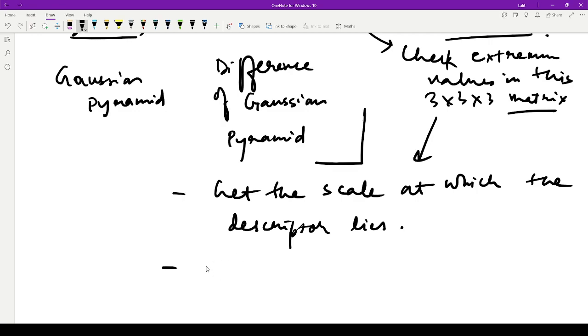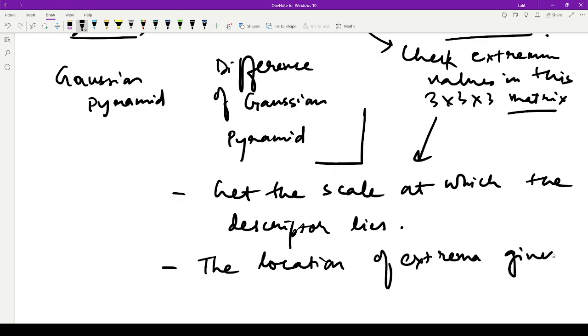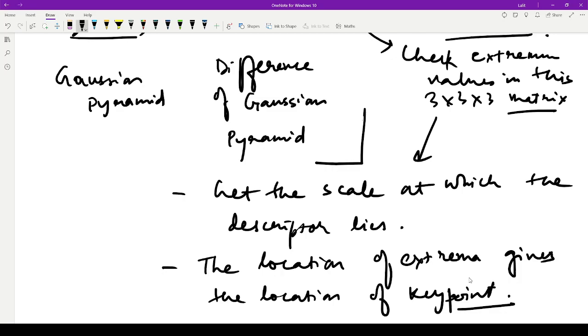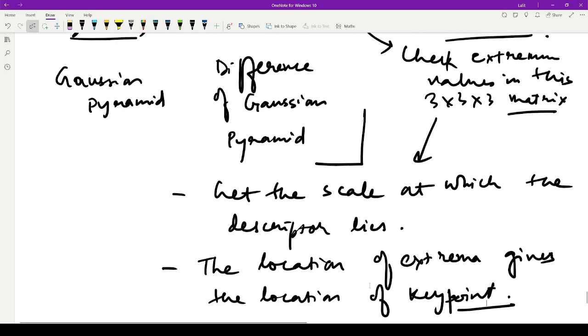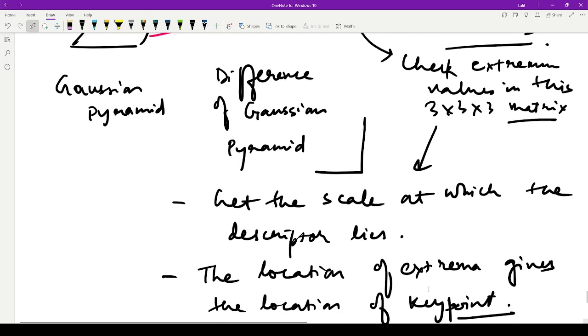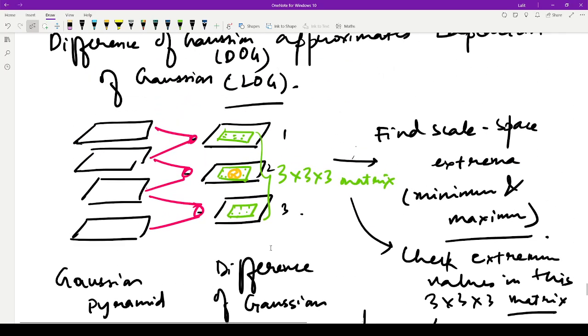The next thing is the location of extrema gives the location of key point. That's how the SIFT detector part works.